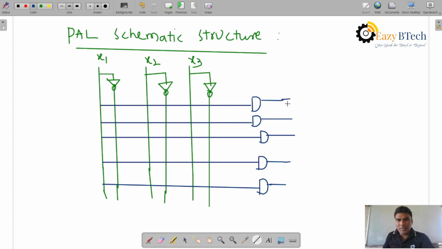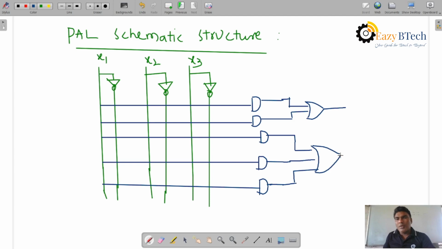So this one is connected to one OR gate, and these three product terms are connected to one OR gate.